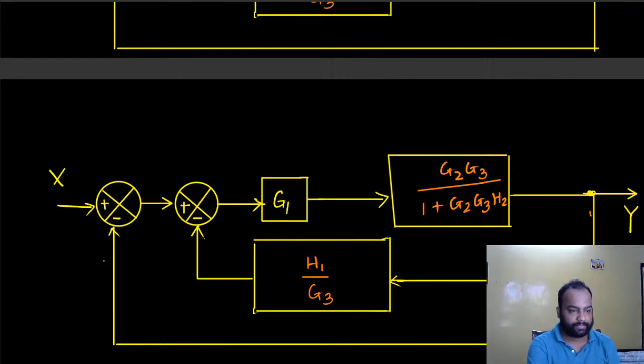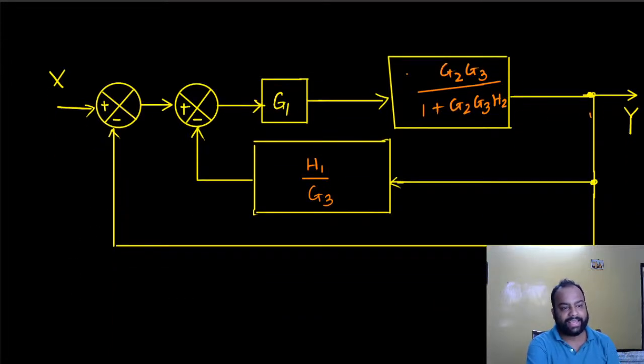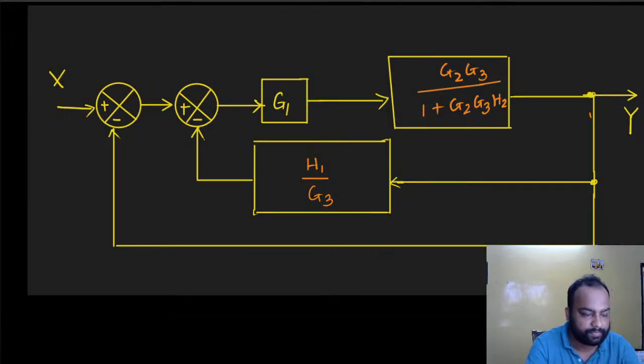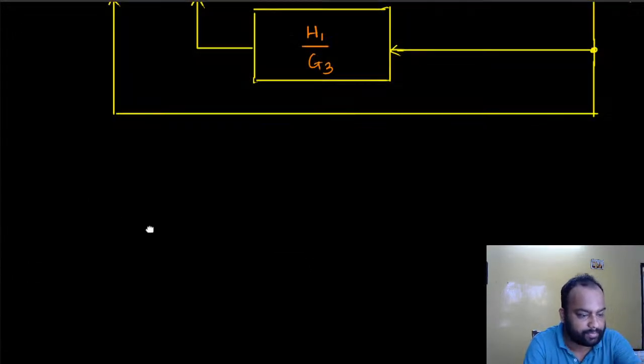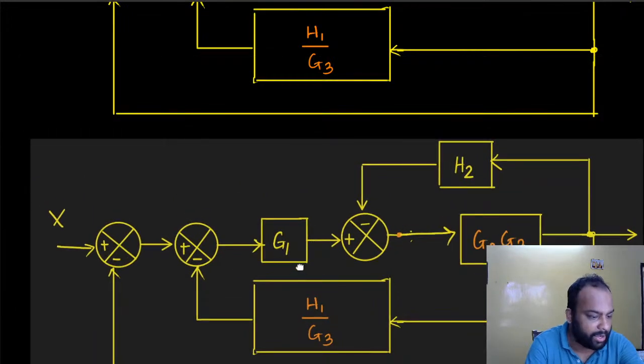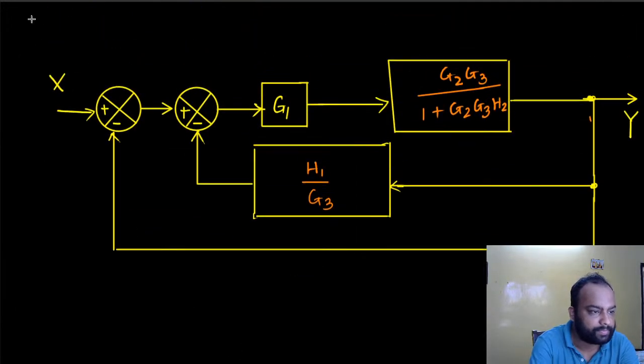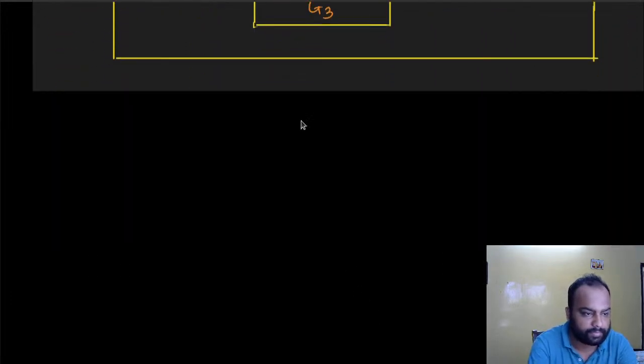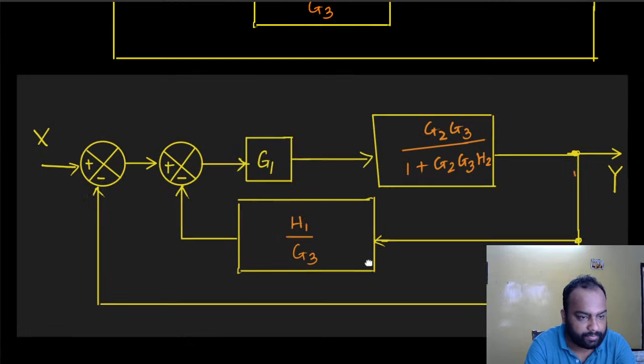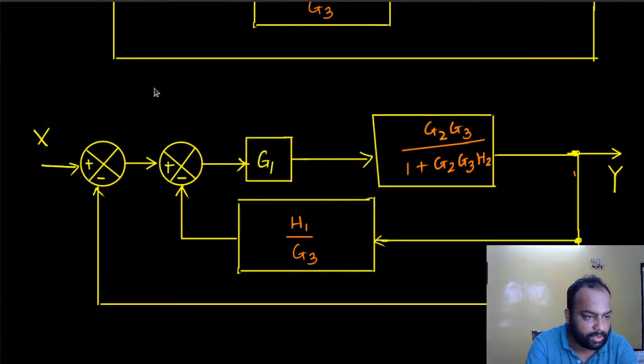All right. Now I can happily see a cascade here. Yes, I can see a cascade here. So this is going to be a cascade. Let me just copy paste once more. So this is another cascade block, so basically this transfer function gets multiplied with this one.